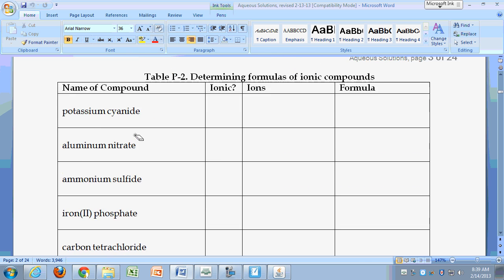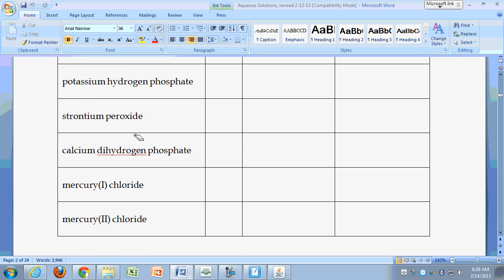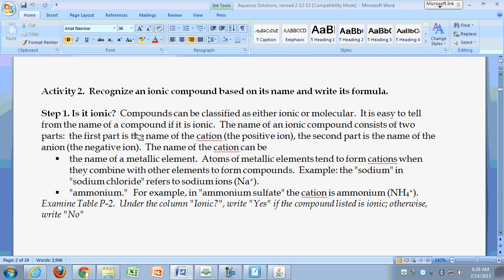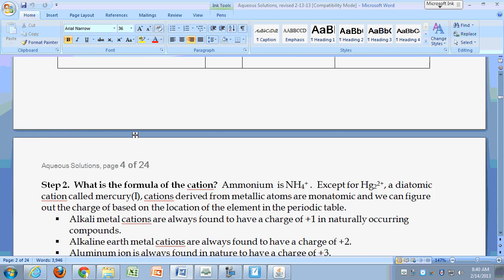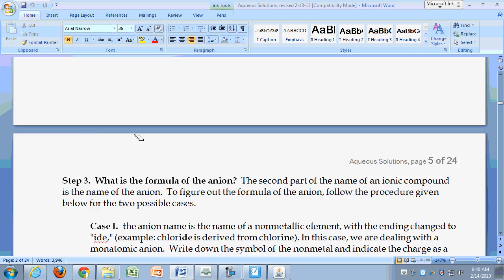Activities 2, 3, and 4 give you a drill on classifying compounds as ionic or molecular, and then writing the formula of the compound.